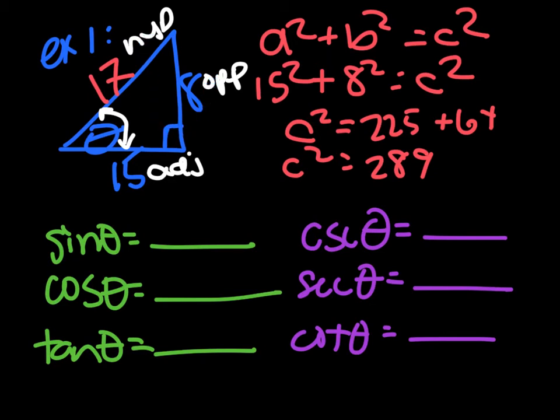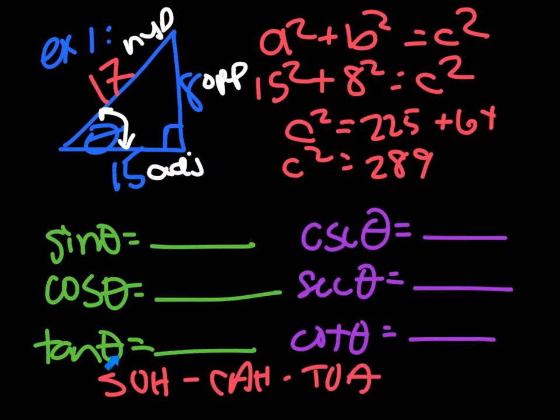If you remember the little trick from geometry, you're going to remember SOHCAHTOA, which means sine is opposite over hypotenuse, cosine is adjacent over hypotenuse, and tangent is opposite over adjacent. That's what SOHCAHTOA means.